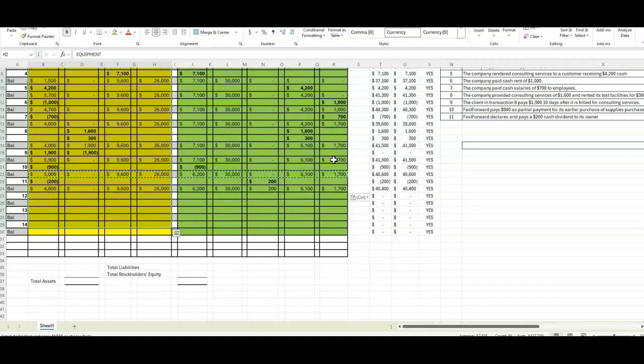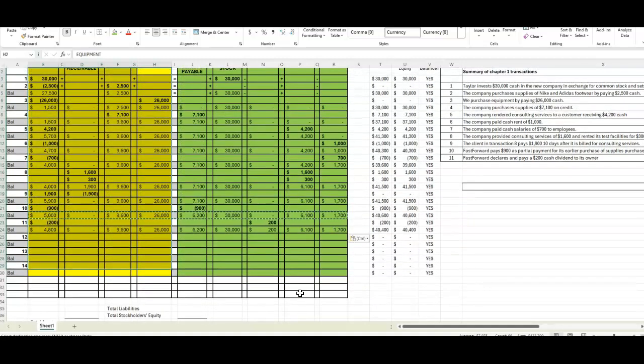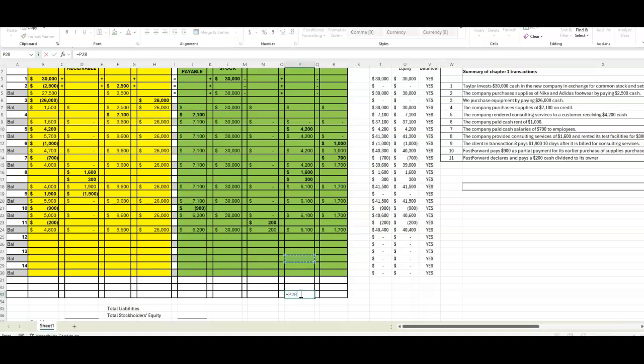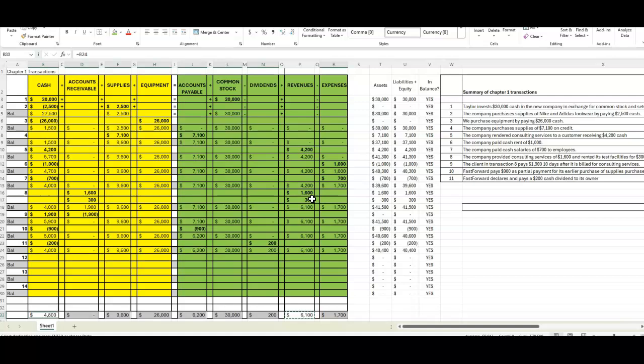Now, if you add these up, let me see if I can do this. We have our revenues and expenses over here.